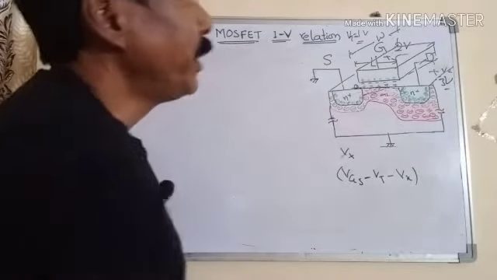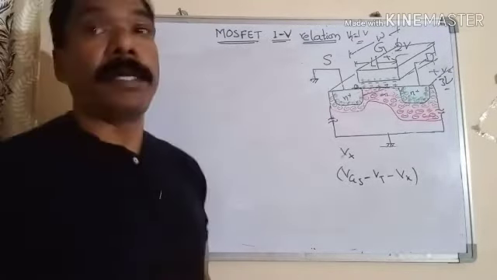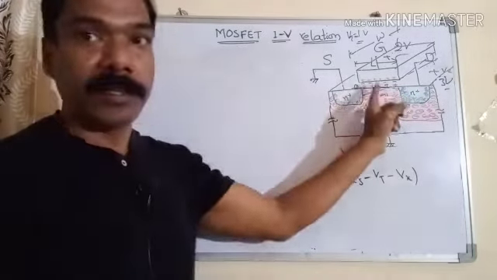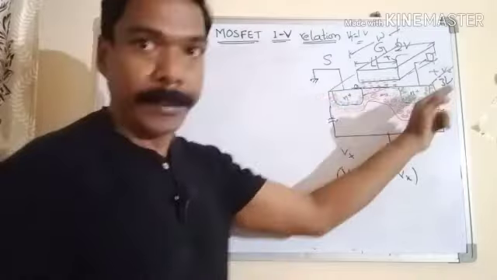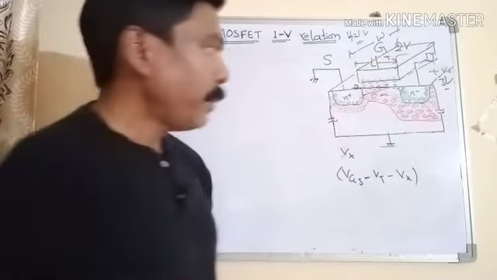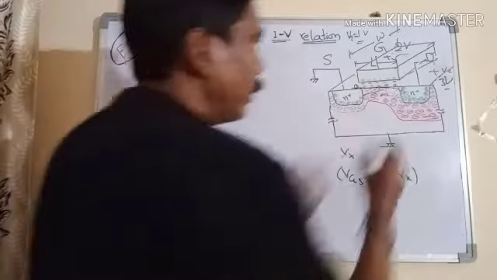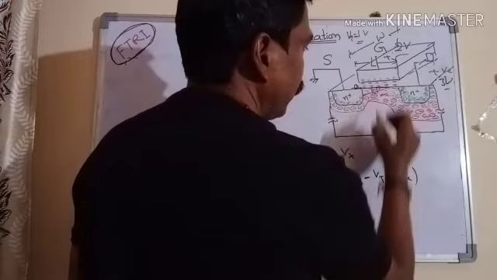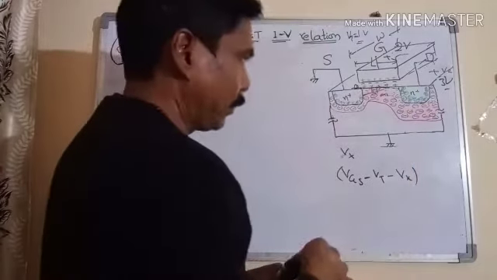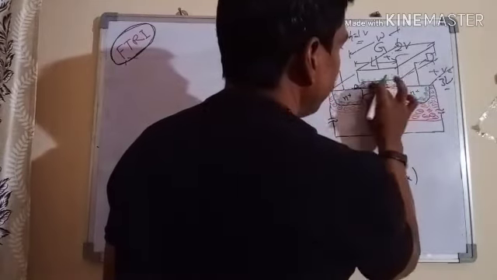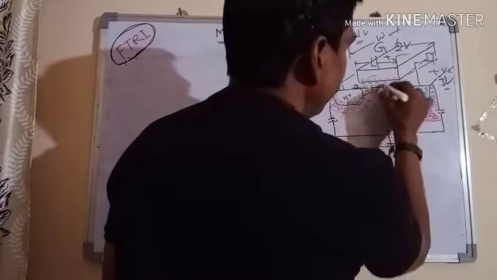Now, to derive the expression for the source to drain current, IDS, the current flowing from source to drain for a given VGS, we'll take an elemental channel of length dl. Let me magnify this elemental channel.